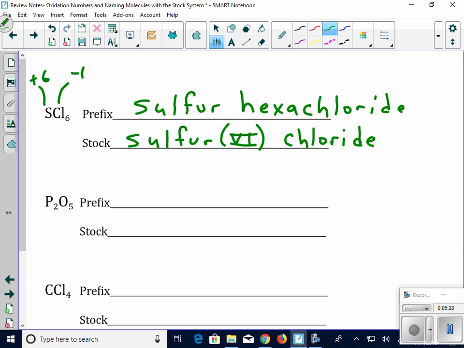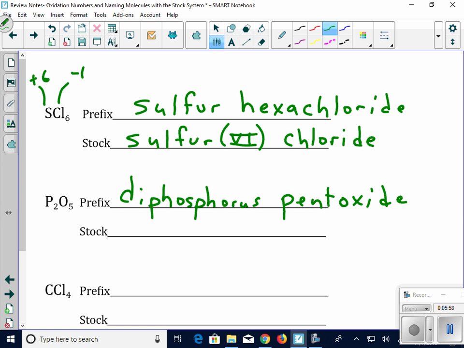My second one there, P2O5. P2O5, prefix-wise, would be di, because there's 2 phosphorus. So it's diphosphorus pentoxide. Remember, a few of us had a problem yesterday with keeping that A for penta on the pentoxide.